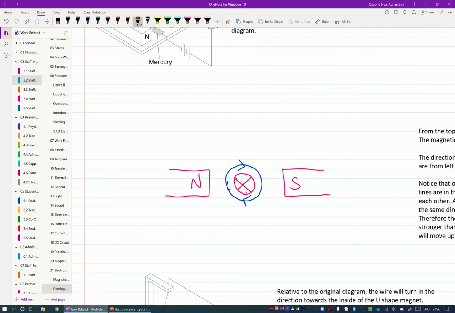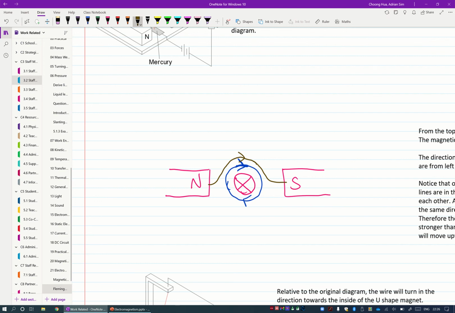How about the magnetic field from north to south? Note that the top of this magnetic field is from left to right. So from north to south, it will be drawn this way, always in the same direction as the magnetic field.